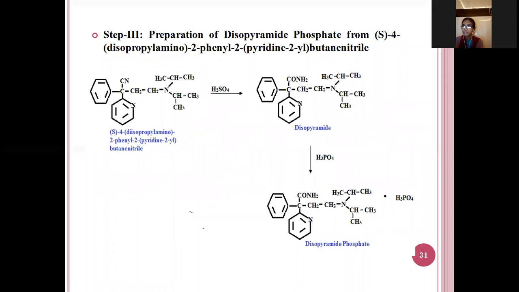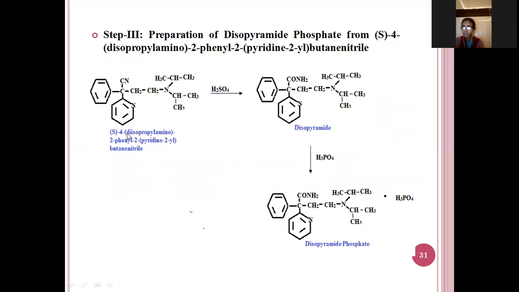Next is the third step. Here is the preparation of diisopyramide phosphate from 4-diisopropyl amino 2-phenyl 2-pyridine 2-yl butanitrile. So this is the end product in the second step, and here it becomes the starting material for the third step.